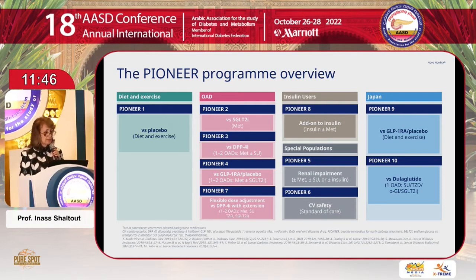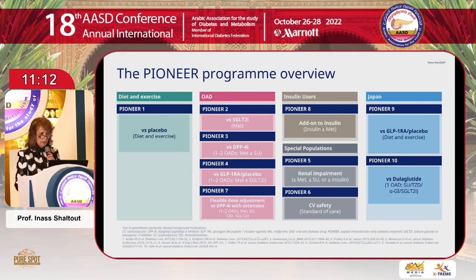And PIONEER 7, flexible dose adjustment versus DPP4 inhibitors. PIONEER 8, add-on insulin. And special populations: PIONEER 5 on renal patients, PIONEER 6 cardiovascular safety, PIONEER 9 and 10 versus GLP-1 receptor agonist and dulaglutide.